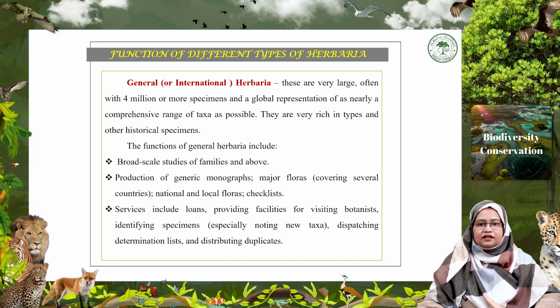They are very rich in types and other historical specimens, and the functions of general herbaria include broad scale studies of families and all the flowering plants, production of generic monographs, major floras covering several countries, and national and local floras and checklists. Their services include loans, providing facilities for visiting botanists, identifying specimens, especially noting new taxa, dispatching determination lists, and distributing duplicates.